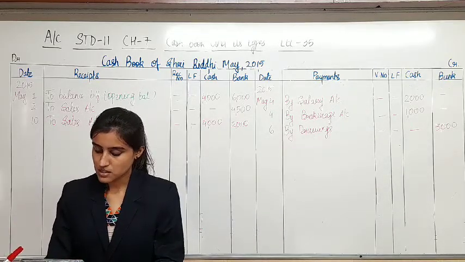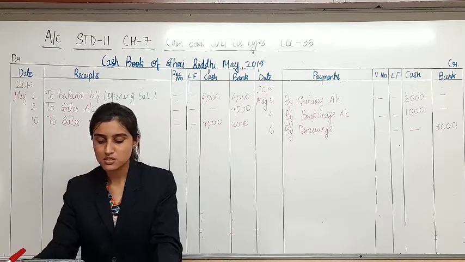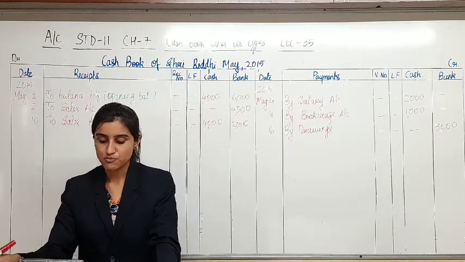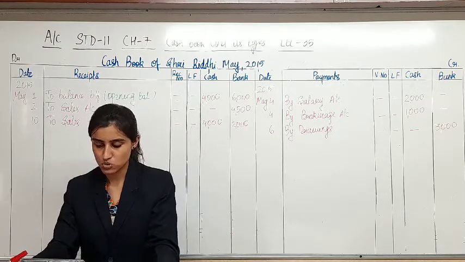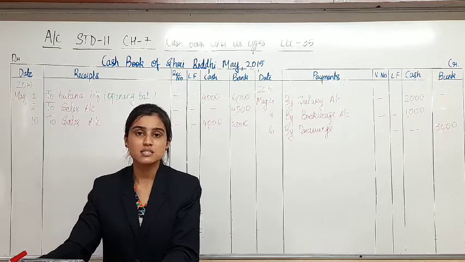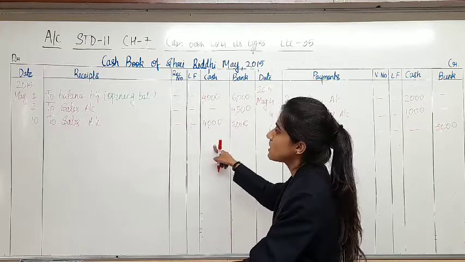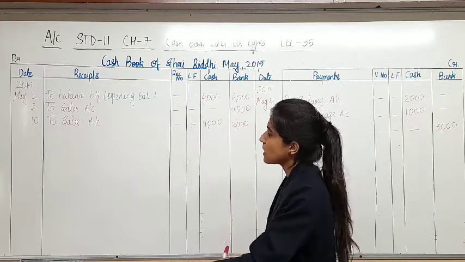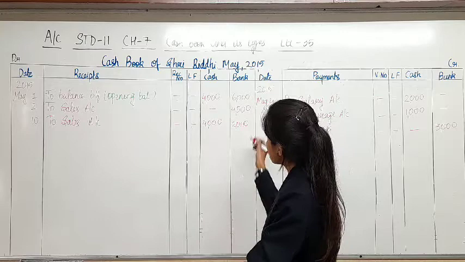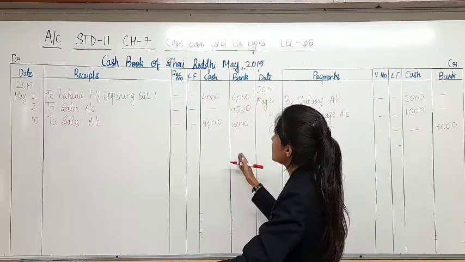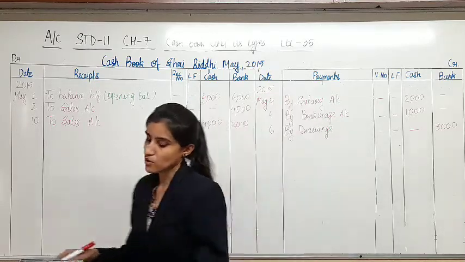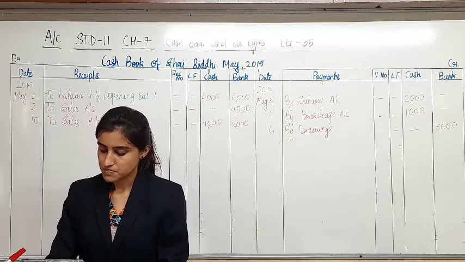Next, I think I should repeat this. On 10th of May, goods of rupees 6,000 have been sold, of which Mr. Hiren has given cash of rupees 4,000, and remaining is given by check. So remaining amount is 2,000, which is recorded in the column of bank, for which the check is received.